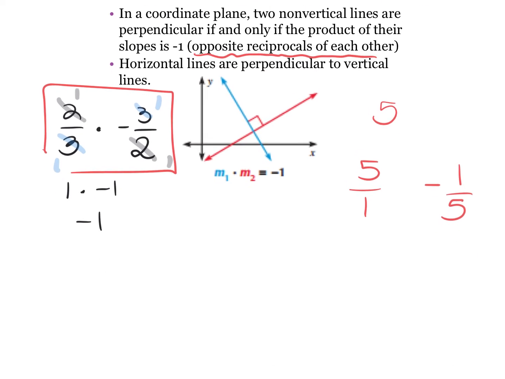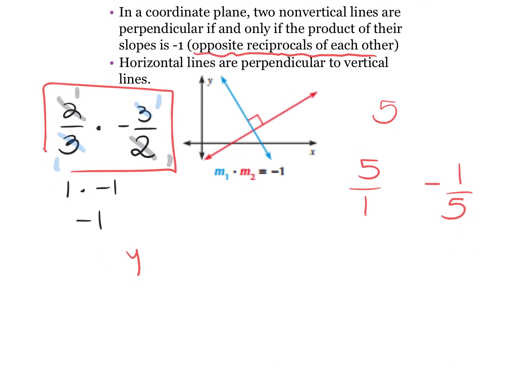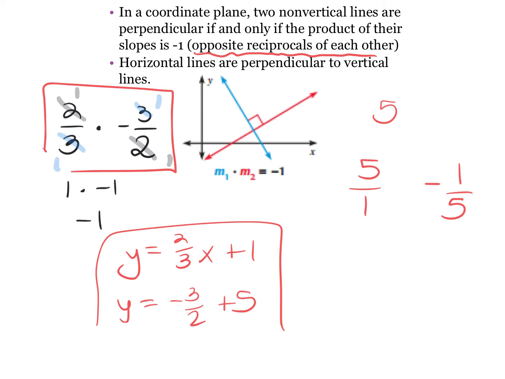So if I gave you an equation with these in it, an equation of a line that would be perpendicular, you could take 2/3 x plus 1, flip it to negative and flip it upside down. And these two lines would be perpendicular because they have opposite reciprocal slopes.